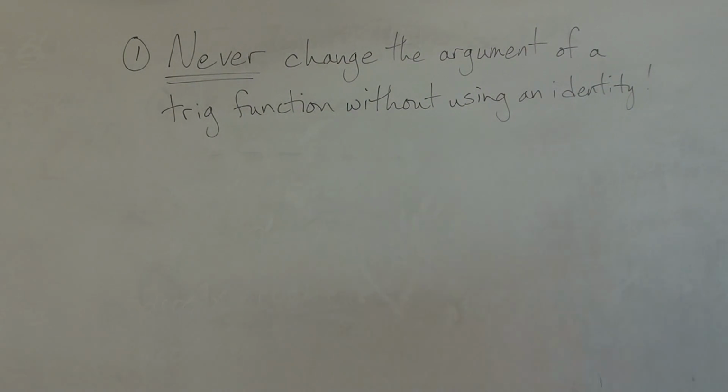But the most common one you'll see in limits today is to say that sine 5x equals 5 sine x, right? You can't do that. This is not true. You should be squinting because it's not true. So no, you cannot change the argument, the input of a trig function, unless you are using an identity.